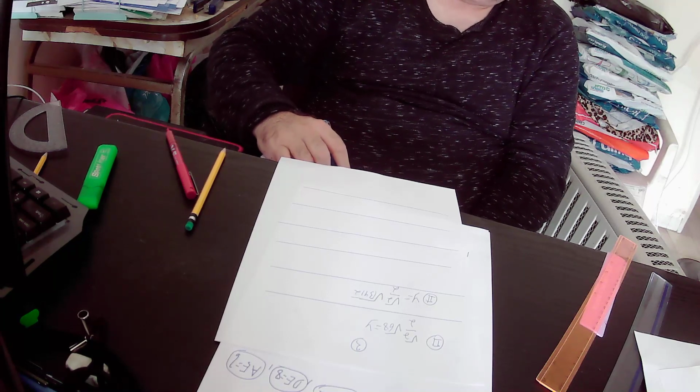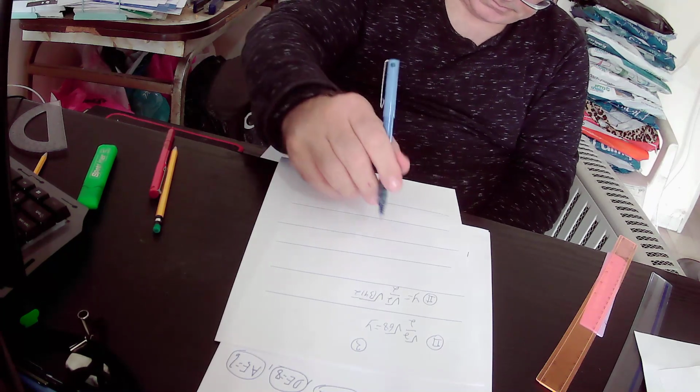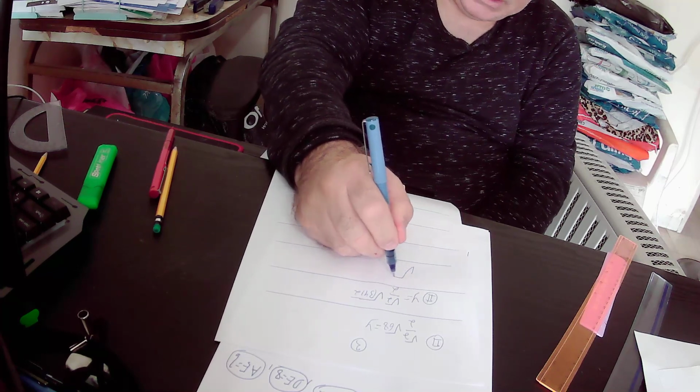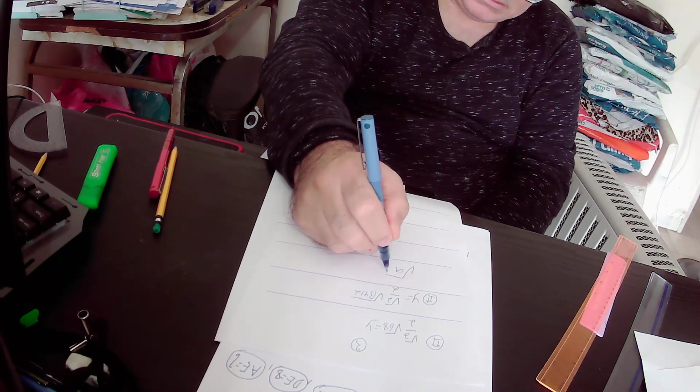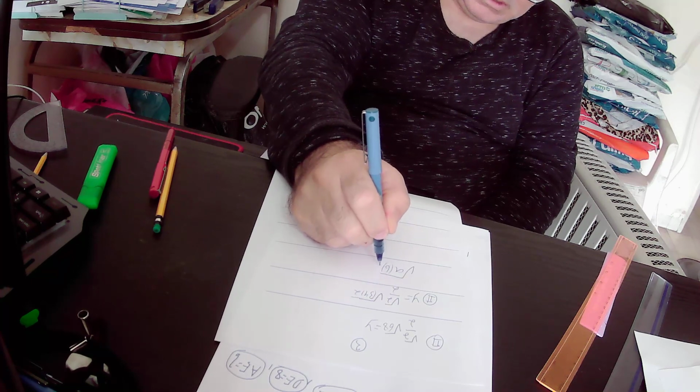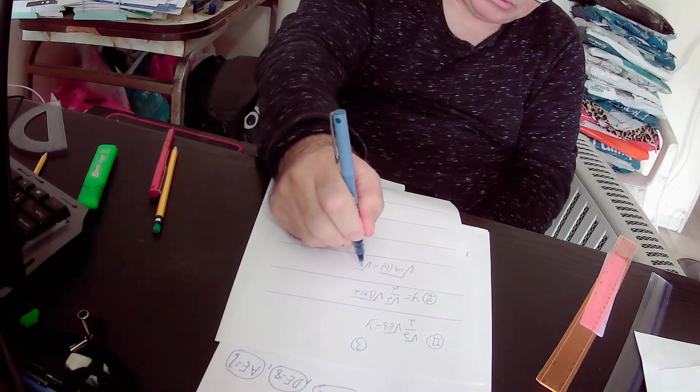We have a rule that states that the square root of a times b equals the square root of a times the square root of b.